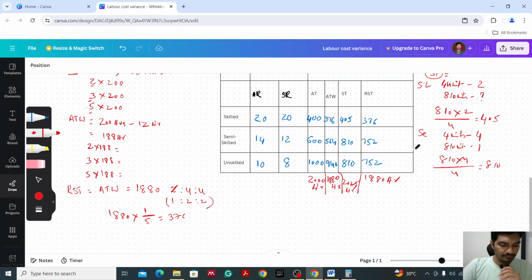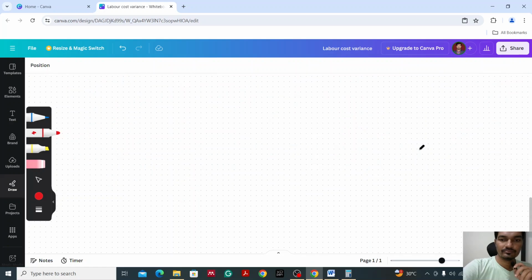So according to the formula, labor cost variance is equal to standard time into standard rate minus the actual time into actual rate.